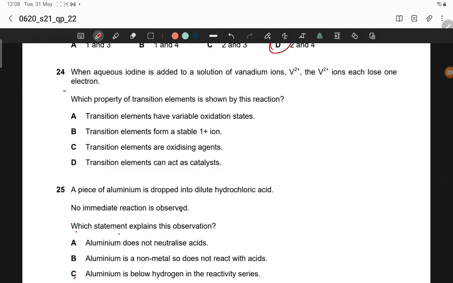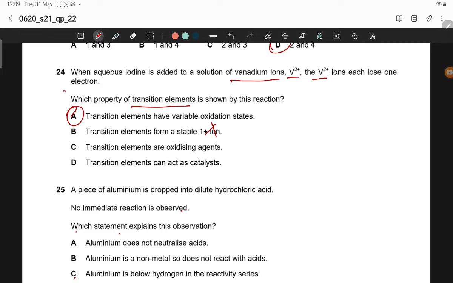Question number 24, when aqueous iodine is added to a solution of vanadium ions, V2 positive and V2 positive ions each lose one electron. Which property of transition elements is shown by this reaction? The transition elements have variable oxidation states. Yes, this is correct. Transition elements form a stable ion. Not correct. Transition elements are oxidizing agents.